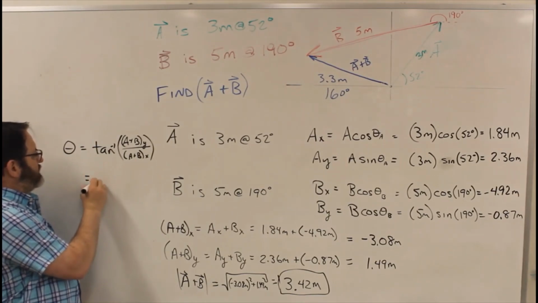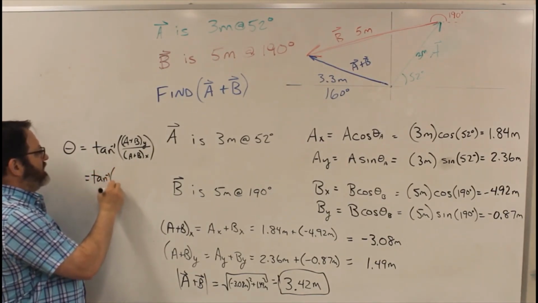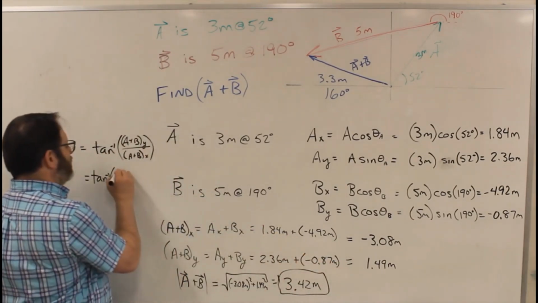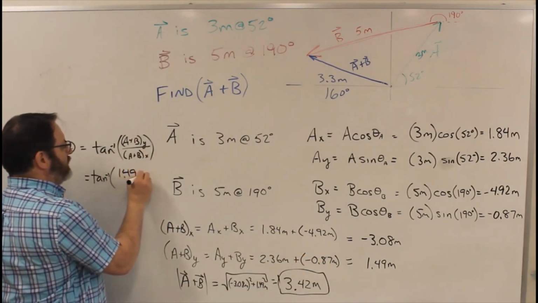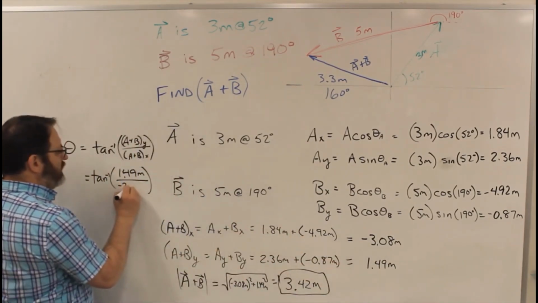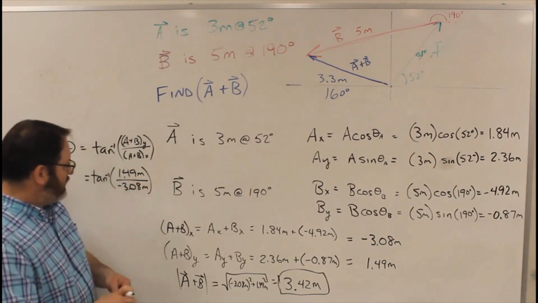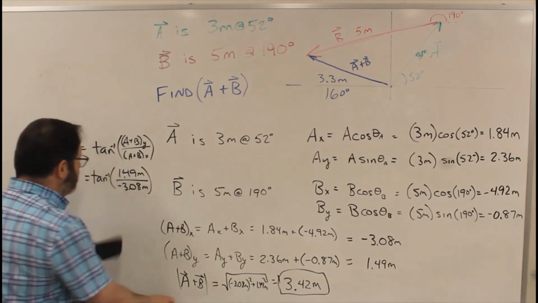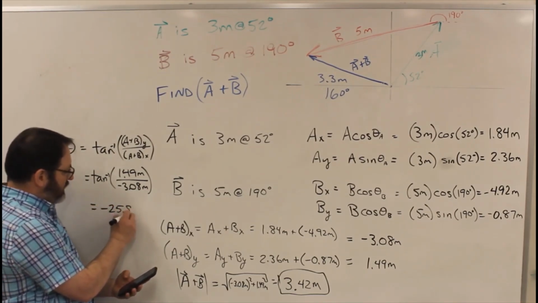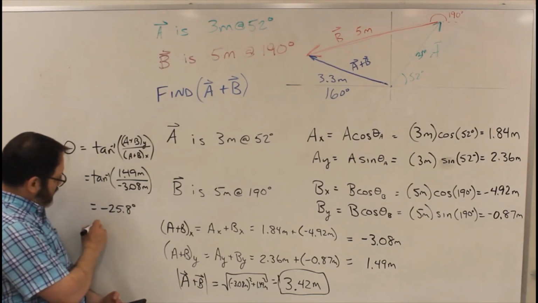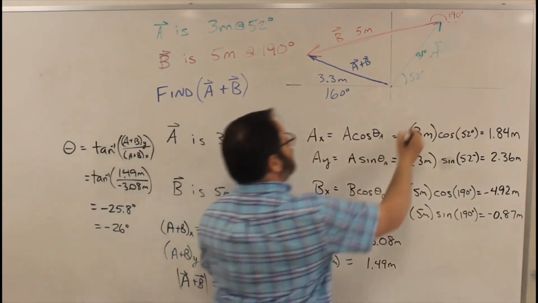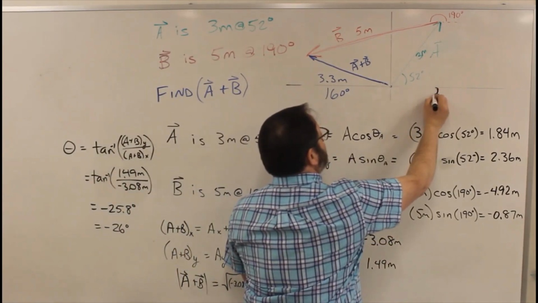Okay, so that says theta is inverse tangent of the y component, 1.49 meters, over negative 3.08 meters. All right, and that is negative 25.8 degrees. So we'll call it negative 26 degrees. Negative 26 degrees is down here.